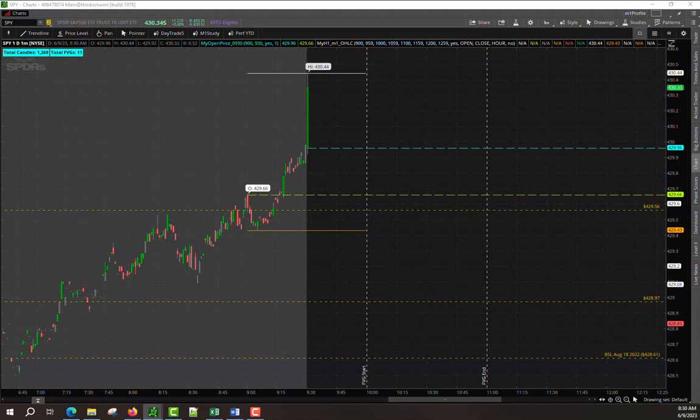What is the high time frame liquidity pool that it went up to? In order to do that, let's take a look at the daily time frame.